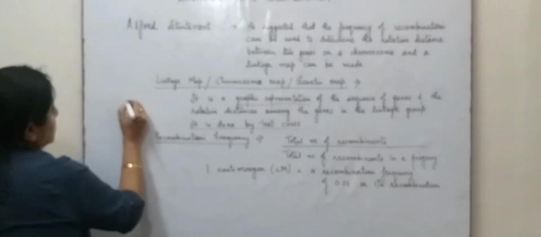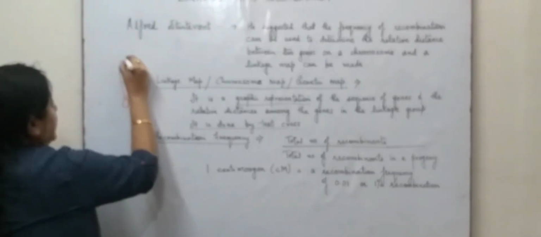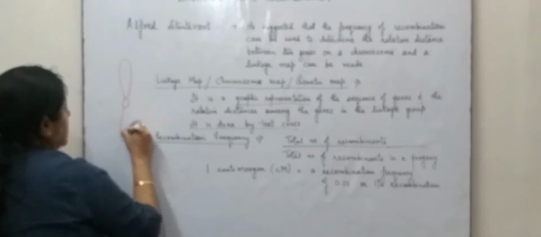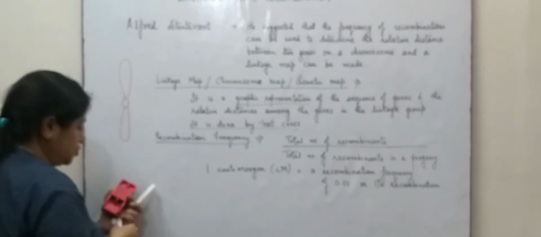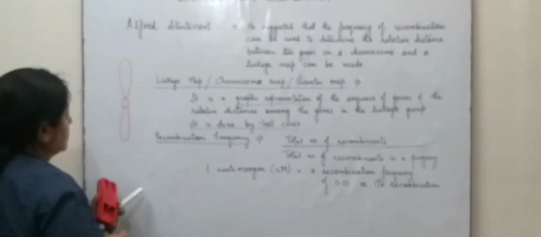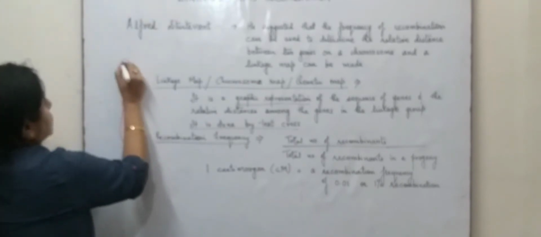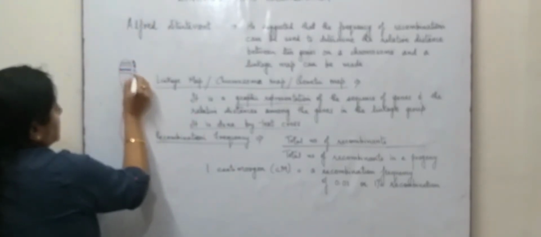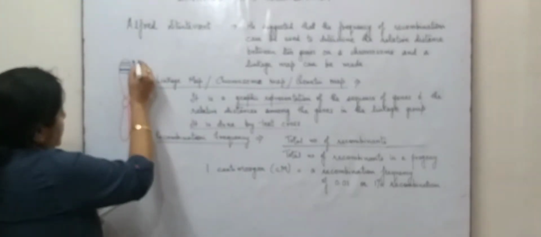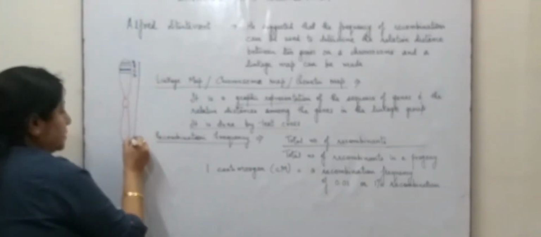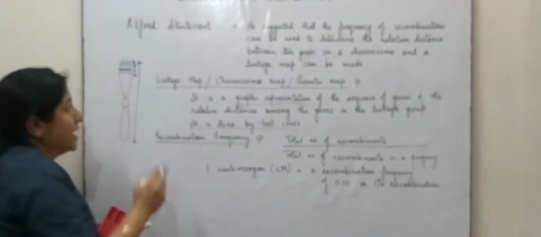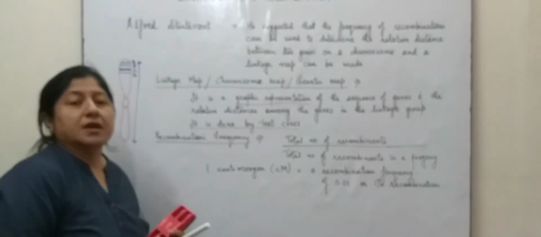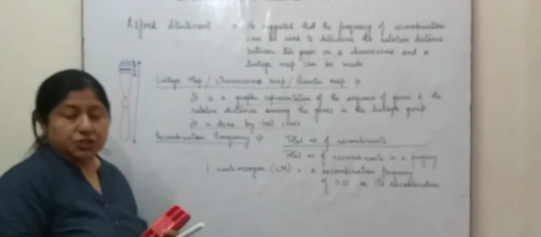A chromosome map will basically have the position of the genes on a chromosome. So if suppose this is a chromosome, we can know the position of the genes over here like this. So we can trace the entire genes on a chromosome, and this is what is known as the chromosome map or the genetic map.